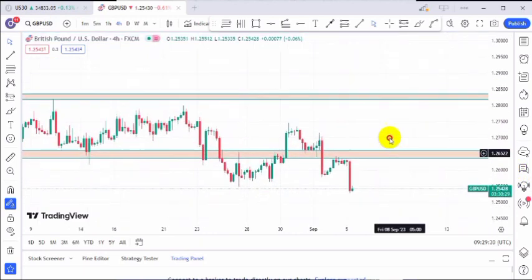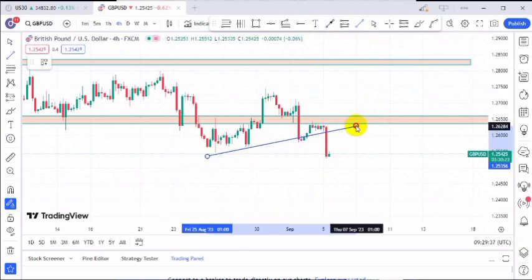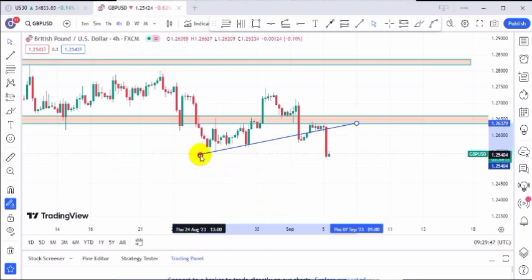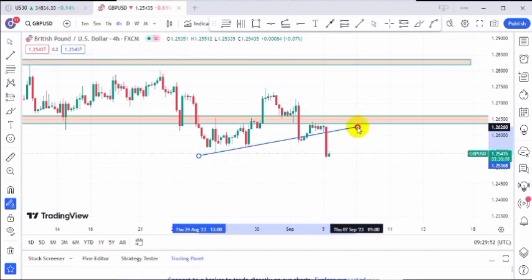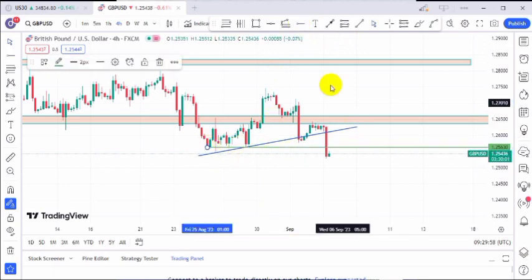If I'm to draw my counter trend line like so, then I will not be having a good take profit, 100% take profit level. So this is quite an area of concern at the point for me.